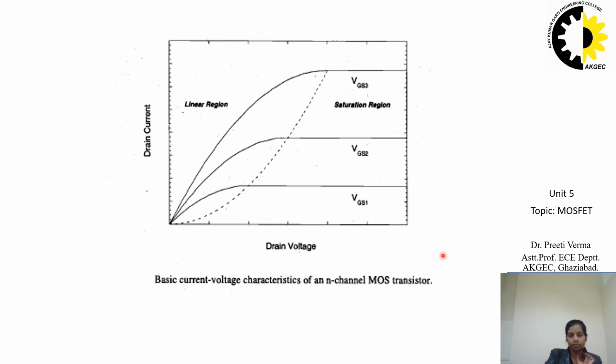If we find the maximum value of the current by differentiating the current equation and equating it to 0, then we get the maximum value of current that is constant and almost independent of the drain voltage. It means we are increasing the drain voltage, but the current is now constant, it is not getting increased.